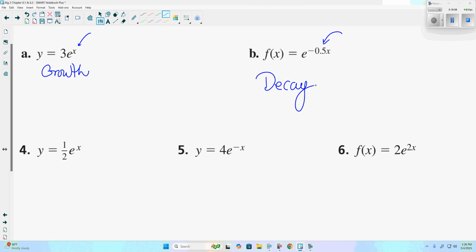How about number 4, y equals 1/2 e to the x? It would be growth. 5, 4e to the negative x. Decay. And last one is growth. Not so much about the number, 2x, but the fact that it's positive would make it growth.